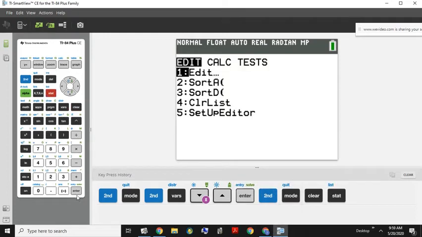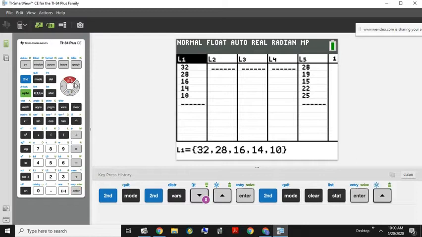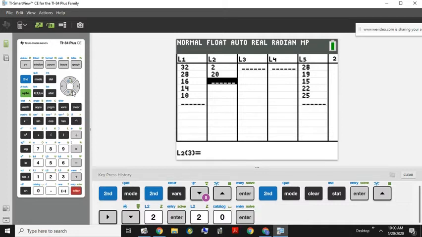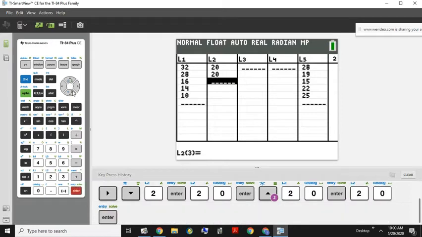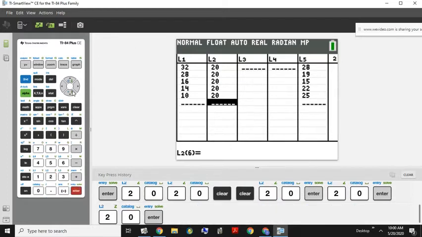So stat, edit, in list 1 and then in list 2. Ignore that list 5 for right now. So I'm going to go up to list 2, and I'm going to just put 20 in each one. Okay, so in list 1 is what I got, my observed. List 2 is what I expected.